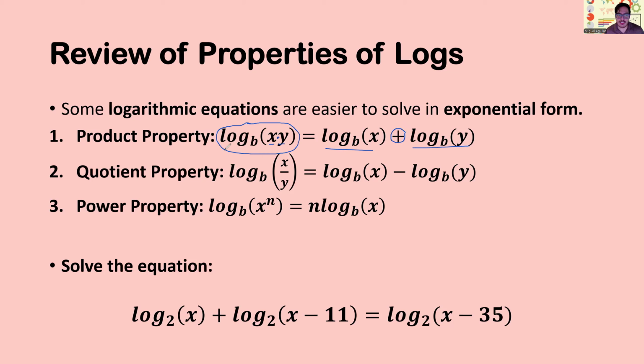Because multiplication or a product gives you an addition problem. Then we saw some other problems where if I had log base x divided by y, then that division was going to convert itself to subtraction when we separate that into 2 or more logs.